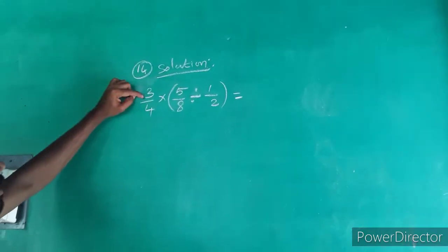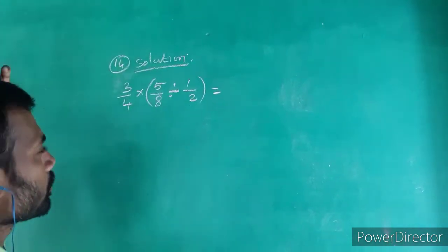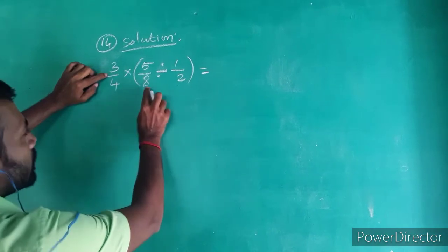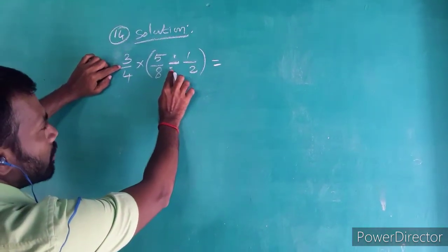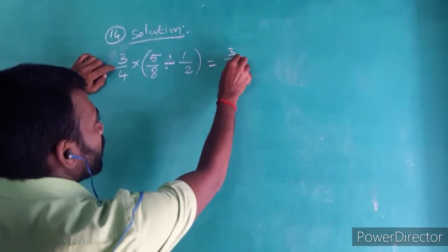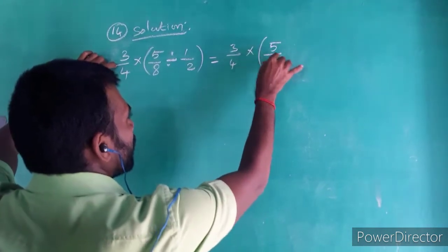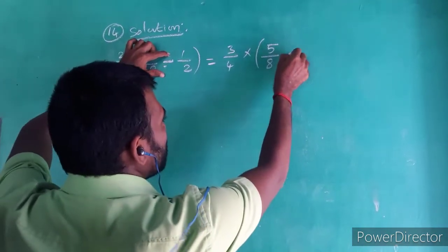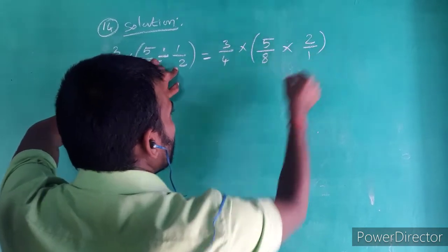Put it in the question: 3 by 4 into 5 by 8 divided by 1 by 2. First simplify the bracket value. Students, this is a division, so change to the reciprocal. So 3 by 4 into 5 by 8, and the division becomes multiplication by the reciprocal of 1 by 2, so write 2 by 1.